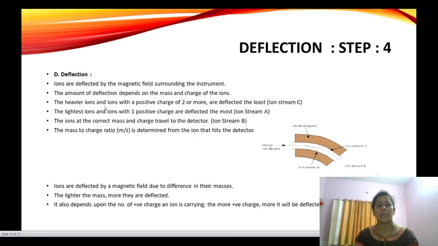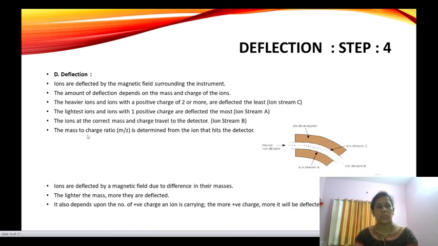The heavier ions and ions with a positive charge of 2 or more are deflected the least, that is the ion stream C. The lighter ions and ions with one positive charge are deflected the most, that is ion stream A. The ions at the correct mass to charge ratio traverse through to the detector, that is ion stream B, at this point here.